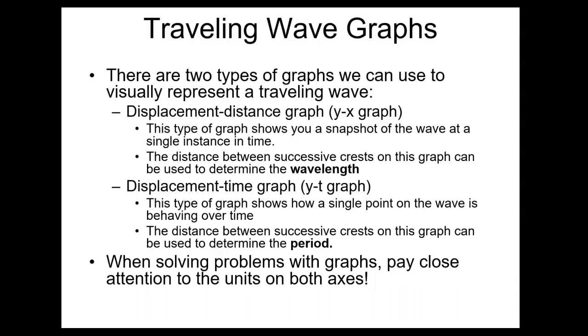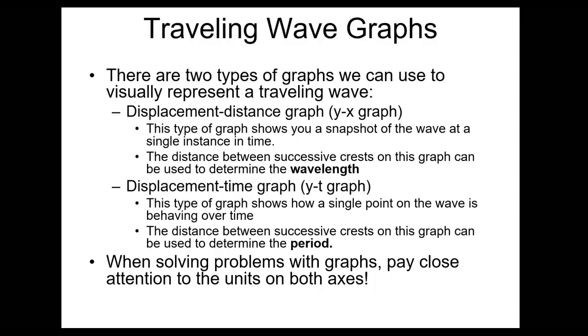What you can do with that graph is you can measure the distance from one point on the wave to the next equivalent point, and that distance will be the wavelength. Alright, so you can use a displacement distance graph to find the wavelength. A displacement time graph, on the other hand, rather than show you the whole wave at a single point in time, it basically focuses on a single point and how that single point changes over time.